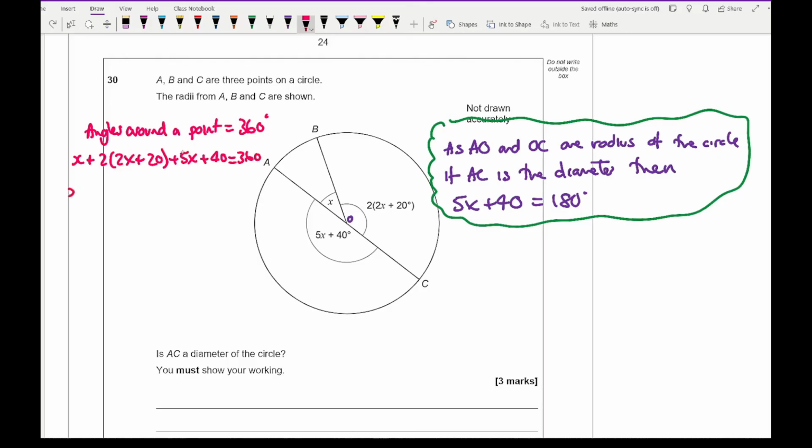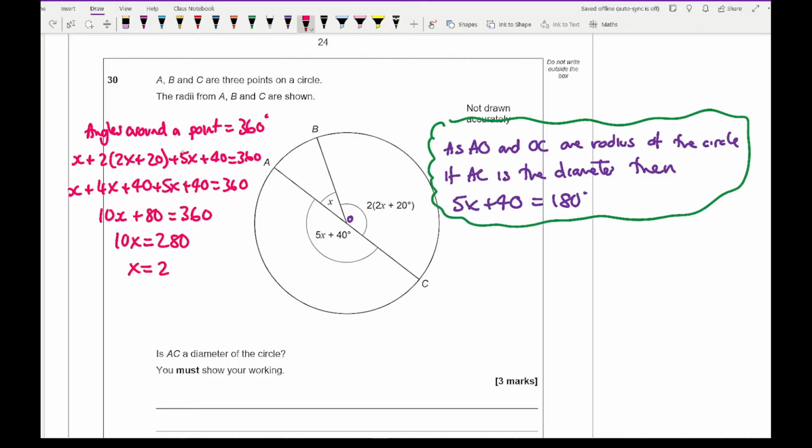Now if I neaten all of this up, I get x plus 4x plus 40 plus 5x plus 40 should add up to 360, and that comes up to 10x plus 80 equals 360. Now if I take that away, I get 10x equals 280, so x equals 28.